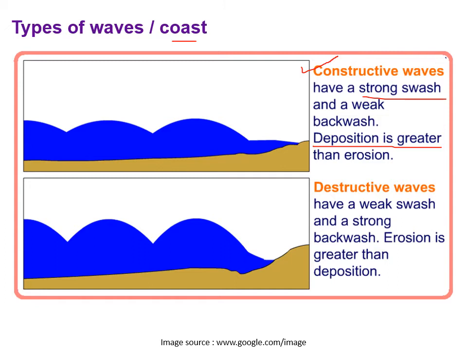That is, they are eroded. So these kinds of coast suffer removal of coastal material, of rock mass from its original position. That is why they are known as destructive waves, or destructive coast.